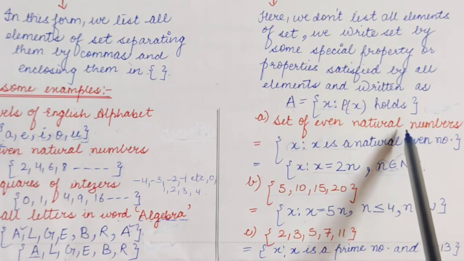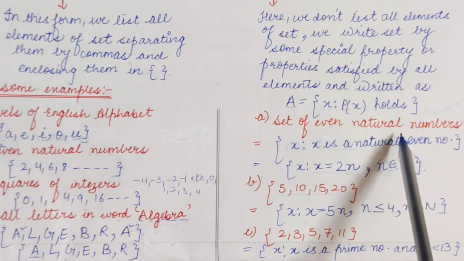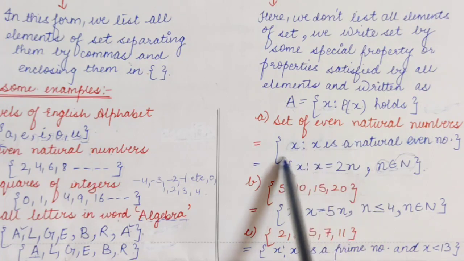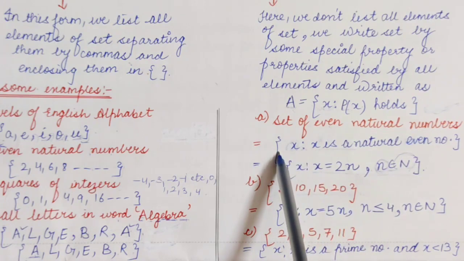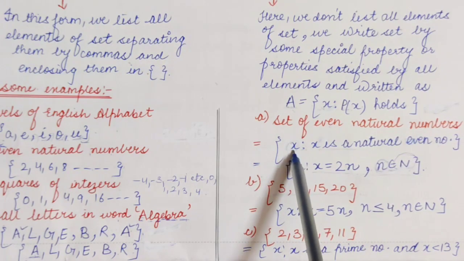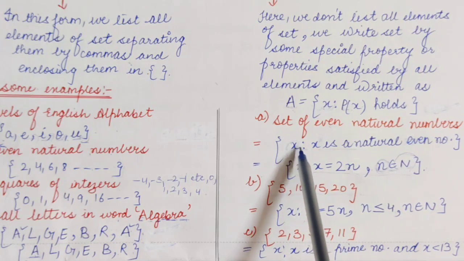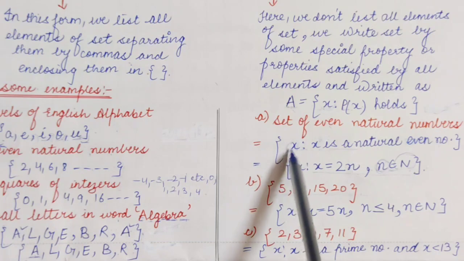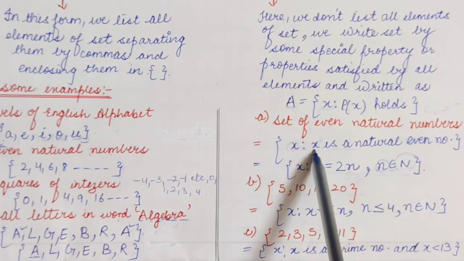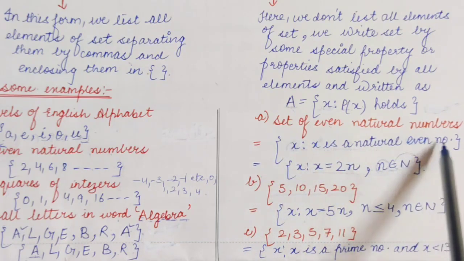In set builder form we have to write the property which will be followed by all the elements. So how will I start? First of all, I will put the curly bracket, after that x which represents elements, after that this sign which means such that. So x such that x is a natural even number.